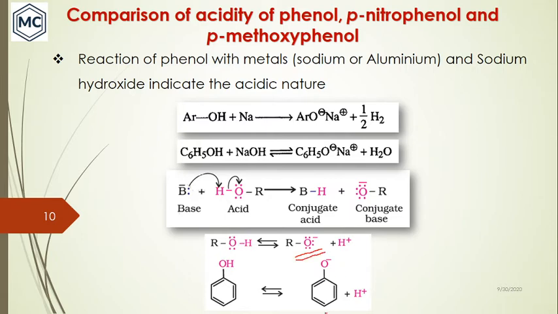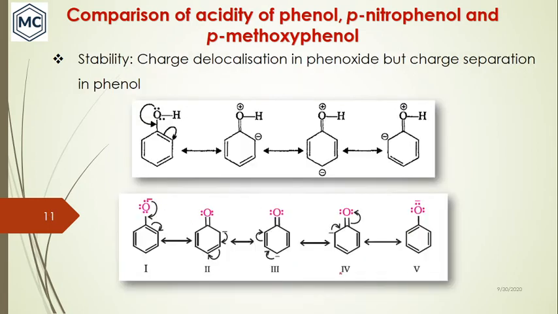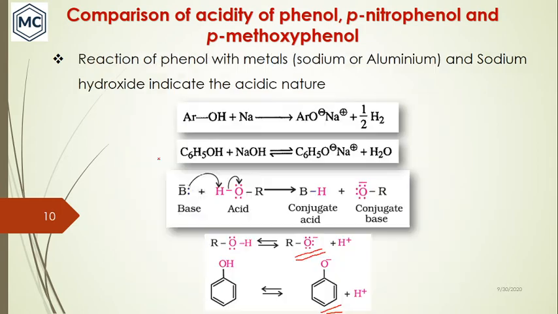In the case of phenol, the equilibrium will be shifted more towards the right if the phenoxide, or conjugate base, is highly stabilized. Next, the stability of phenol and phenoxide. Here, which one is more stable?